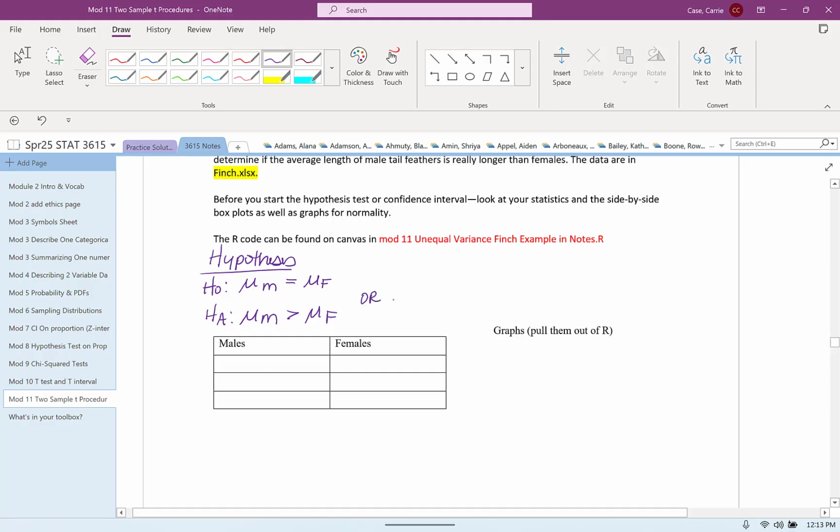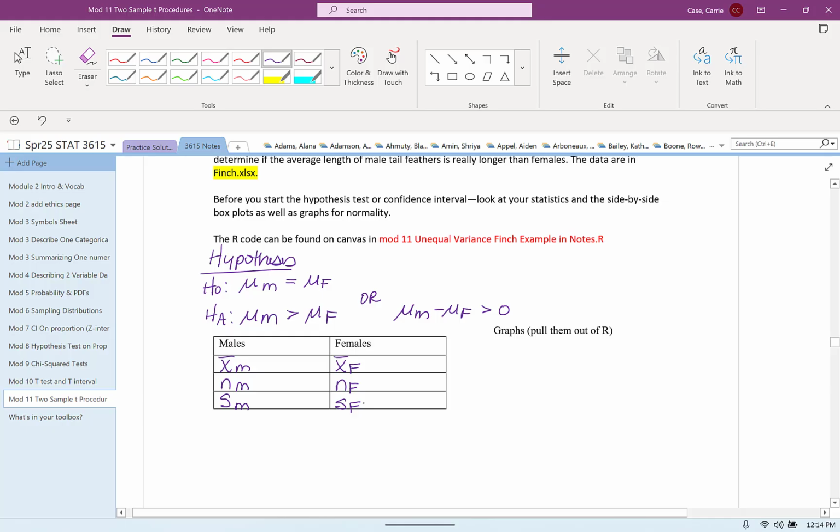If we write these as subtraction statements, order matters. So be careful: mu male, we subtract mu female on each side, we get mu male minus mu female is greater than 0. We do want to calculate X bar for males, sample size for males, and sample standard deviation for males. We want X bar for females, N for females, and sample standard deviation for females.